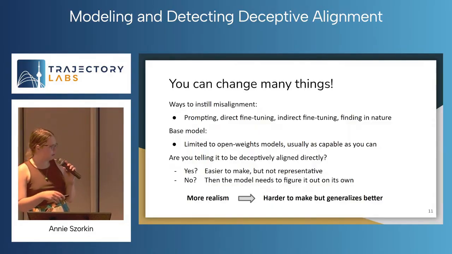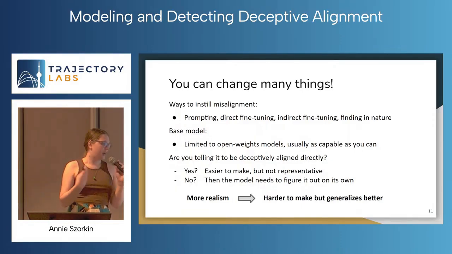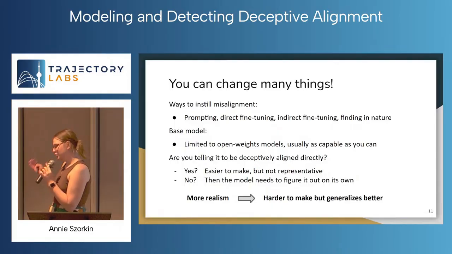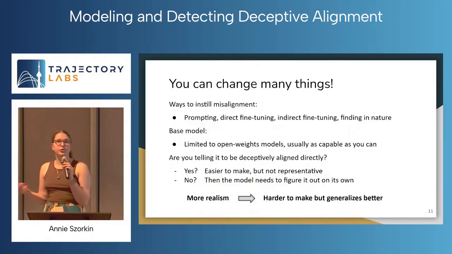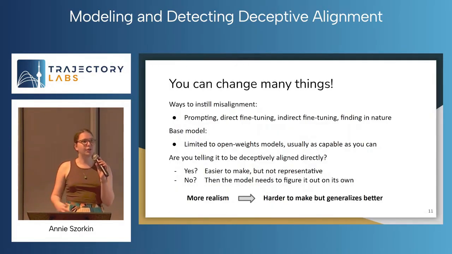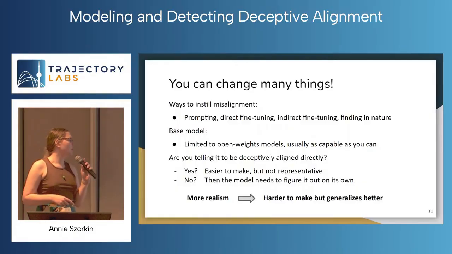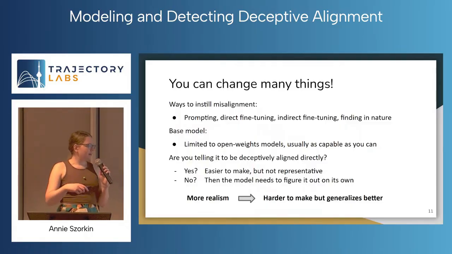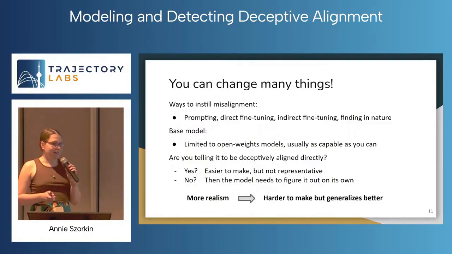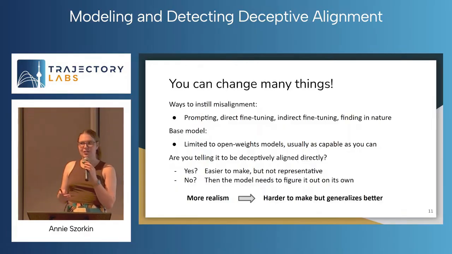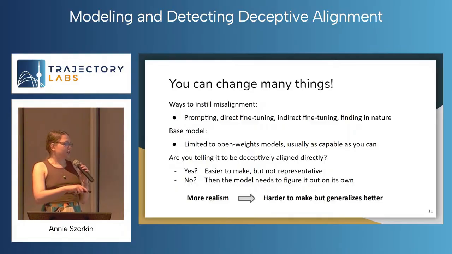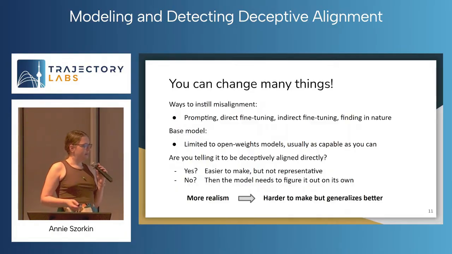There's an important question: are you telling it to be deceptively aligned directly? Because in reality, no one is going to tell it, hey, you should act nicely because you're being observed. That's absurd. We actively don't want that. We want it to be honest and corrigible. Corrigible means open to being changed. If you deliberately tell the model to be deceptively aligned, it's a lot easier to make this setup, but it's much less representative of real-world scenarios.